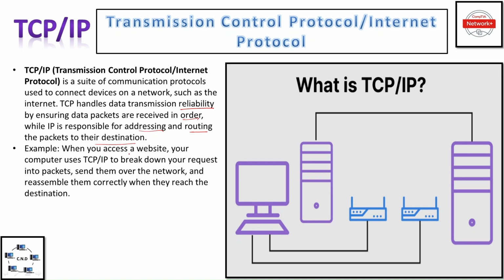For example, when you access a website, your computer uses TCP/IP to break down your request into packets, send them over the network, and reassemble them correctly when they reach the destination. So this is basically the main suite behind all the communication over a network between your client, the server, and the network devices.